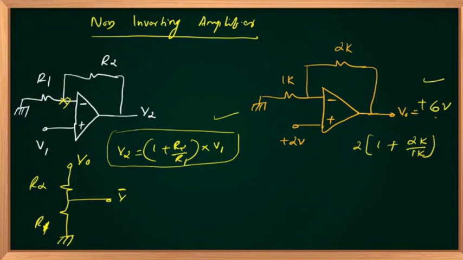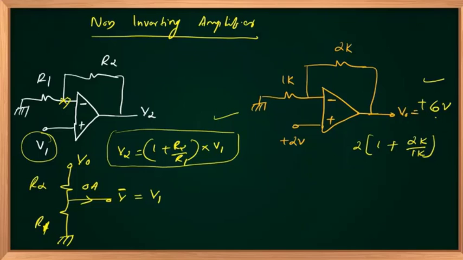Is that okay? And this branch current equal to 0 amperes because no current into the op amp. But the feedback is negative, right? The moment feedback is negative, V minus equal to V plus, and that is given as V1 here.